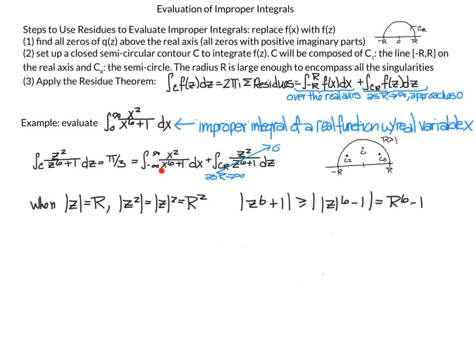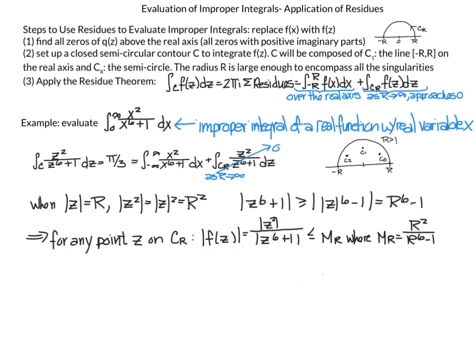And then looking at this denominator, the modulus of z to the 6th plus 1 is greater than or equal to the modulus of z to the 6th minus 1, which is equal to R to the 6th minus 1.